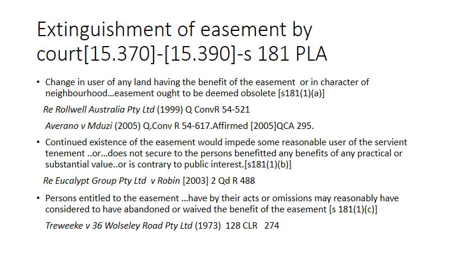However, the easement did have some value, and if you look at section 181(1)(b)(i), it says that one reason to extinguish an easement is that its continued existence does not secure to persons entitled to the benefit of it any practical benefit of substantial value or utility or advantage.